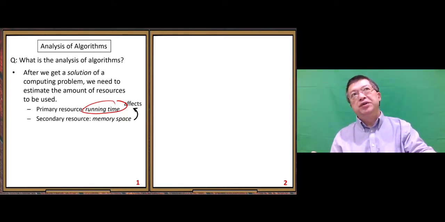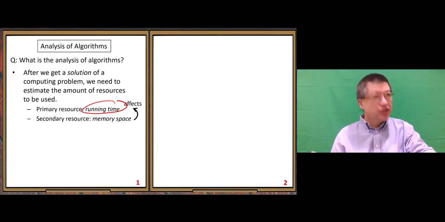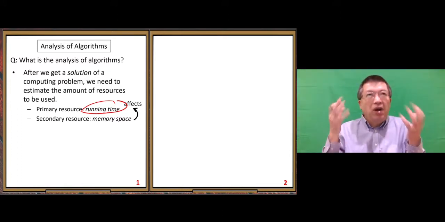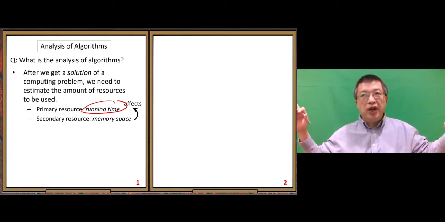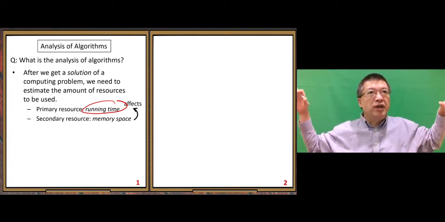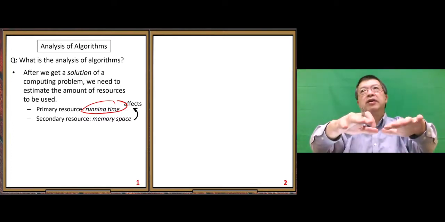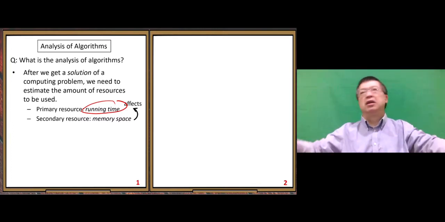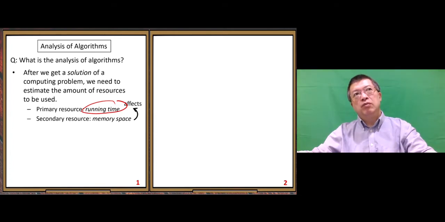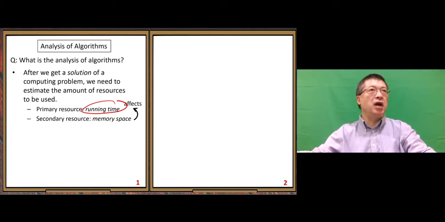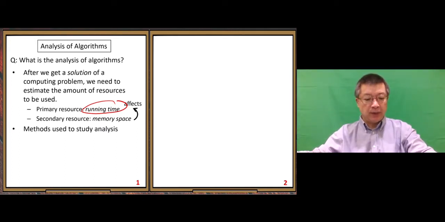If you do not use your memory space efficiently, you can quickly run out of memory and eventually make your algorithms run slower and slower, until nobody can use them. For that reason, we want to try our best to reduce the memory space used in our algorithms.